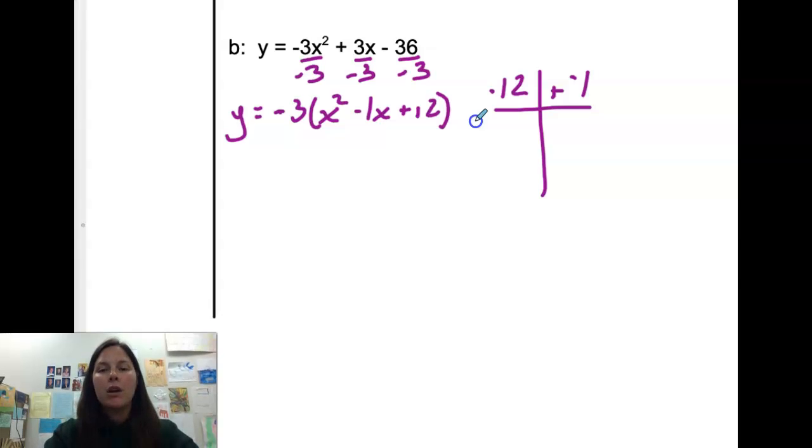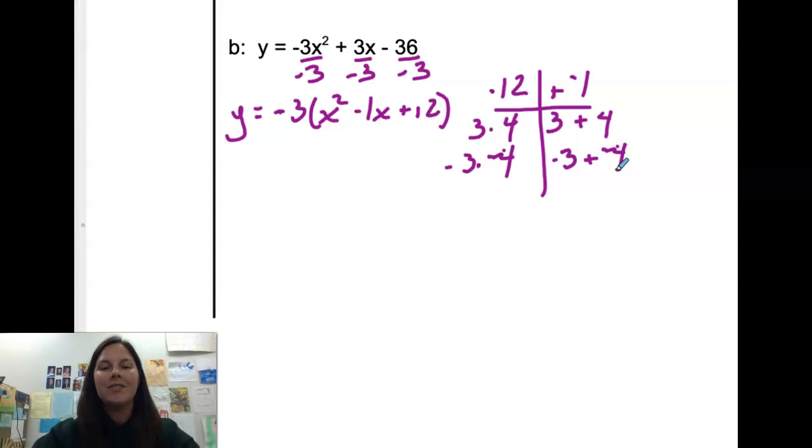So this one is completely factored. And I'm just going to run through a couple of options. The most common ones that you're going to think of are 3 times 4. 3 times 4 is positive 12, but 3 plus 4 is positive 7. Negative 3 times negative 4 is positive 12, but negative 3 plus negative 4 is negative 7.